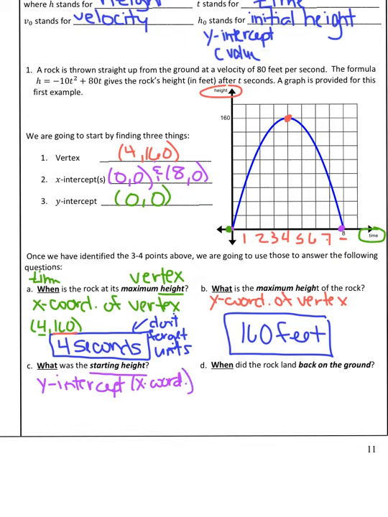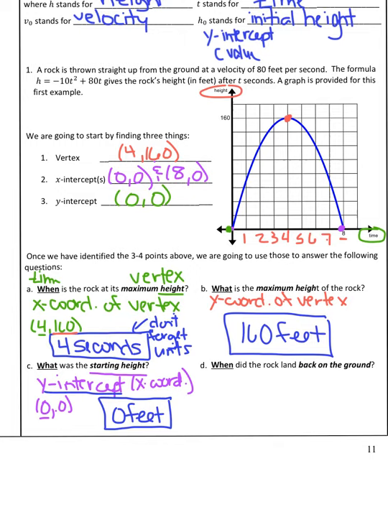If the y-intercept here is (0, 0), then for this problem, because we're at the origin, we're starting on the ground, this is 0 feet. Sometimes we will launch things off the ground, some things we will launch off of a ladder or off of a building, something that has some distance from the ground. But the height from the ground here is 0. So looking for the y-intercept, for this problem, it's 0 feet.